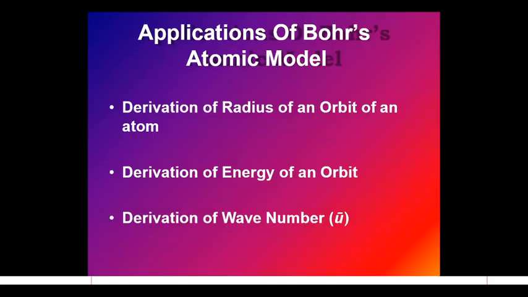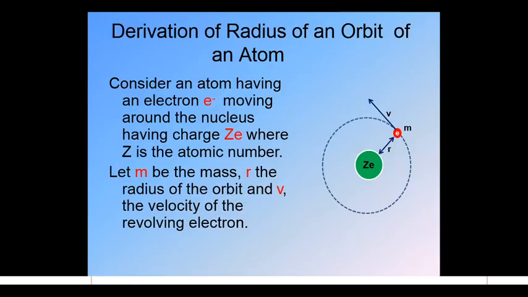So those were the 4 postulates of Bohr's atom model, and based on these postulates we are going to derive the radius of an orbit, the energy of the electron in an orbit, and also the wave number. For that we are considering an atom having an electron moving around the nucleus, and this nucleus has a charge Ze, where Z is the atomic number.